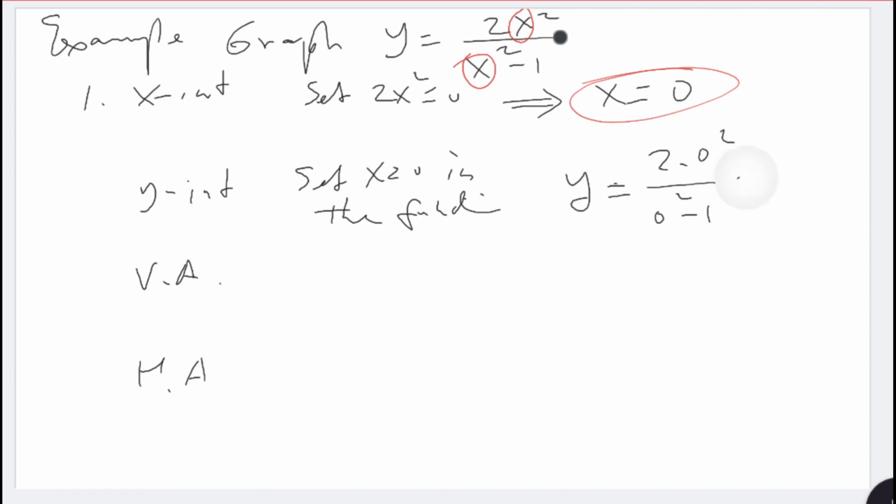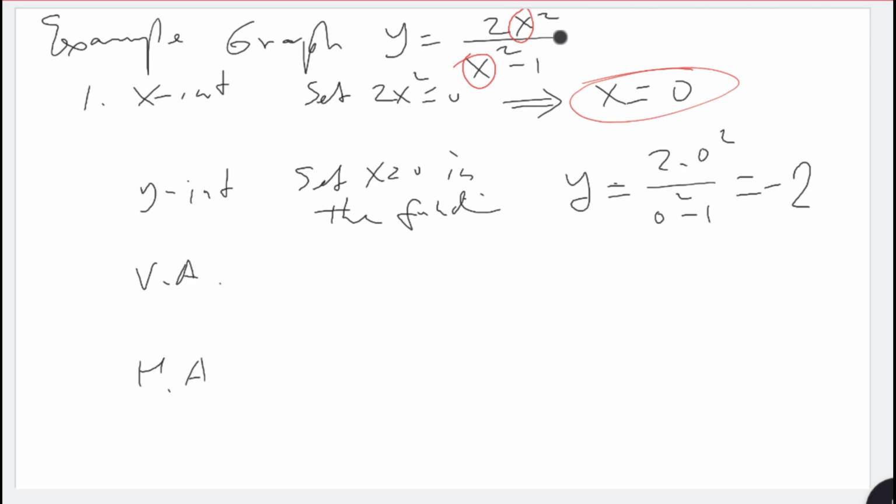And we have the y-intercept as -2. Sometimes you cannot plug in. If you cannot plug in, then you will not have whatever you're looking for. All right, so this is the x-intercept and y-intercept.